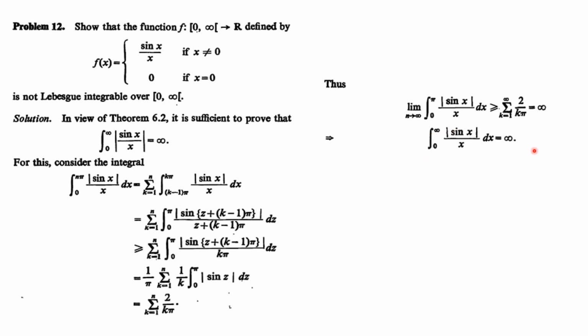And since this is infinity, f is also not integrable, because we have done the theorem that a measurable function is integrable over a set E if and only if mod of f is integrable. So since mod of f is not Lebesgue integrable, this implies f is also not Lebesgue integrable over the interval 0 to infinity.